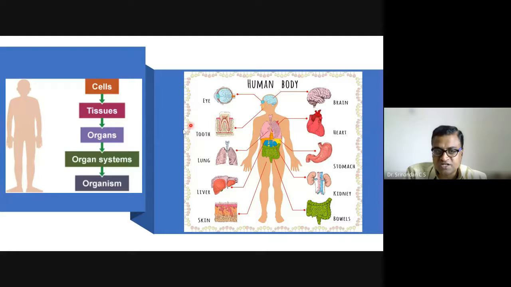Some we have already dealt with, and the organ systems like the renal system, the circulatory system, which contains both the blood as well as the heart for pumping. At last, the cells, tissues, organs, and organ systems, with proper division of labor and cooperation among them, make one organism.